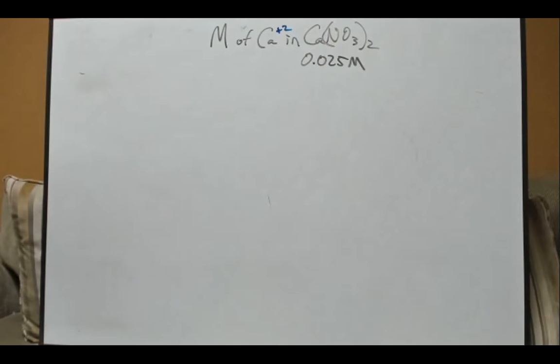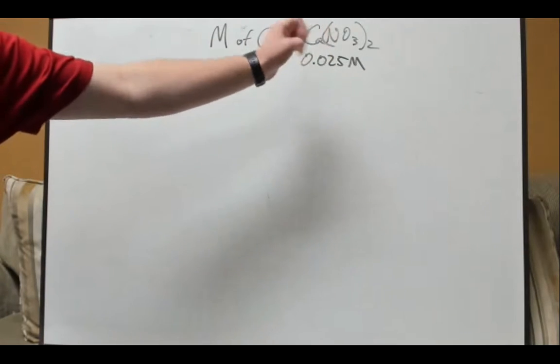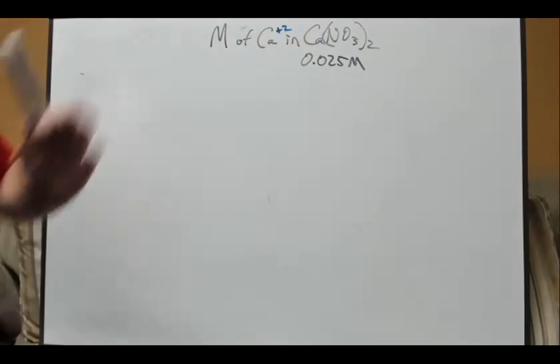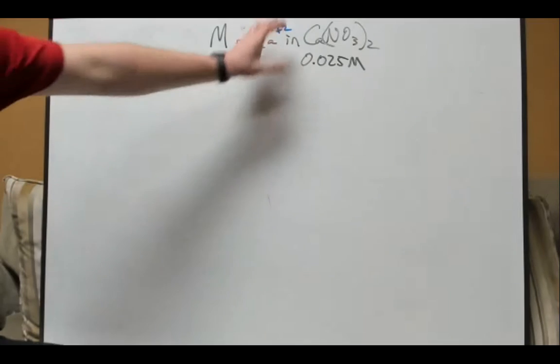There's a couple assumptions that we're going to make, especially after we talk about different ionic compounds: we're going to assume that everything dissolves, everything dissociates. When we put an ionic compound into a solution, we'll talk about this in the next slide, but I'm going to introduce it here.